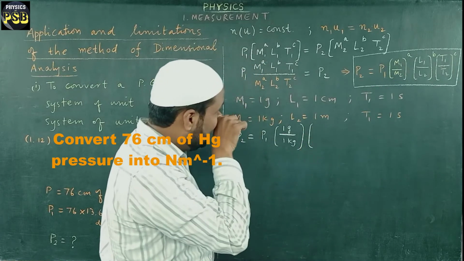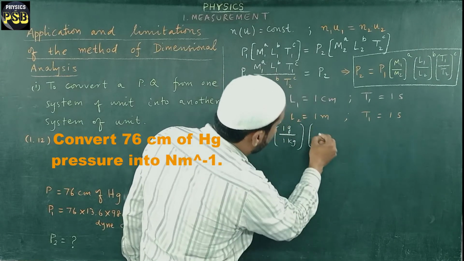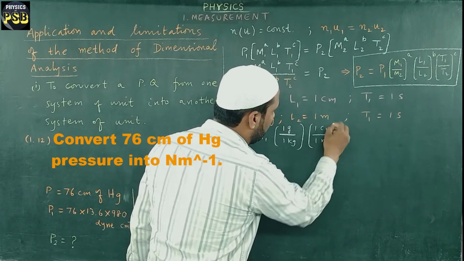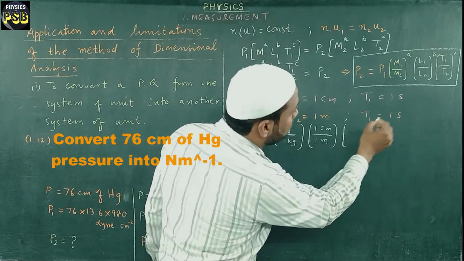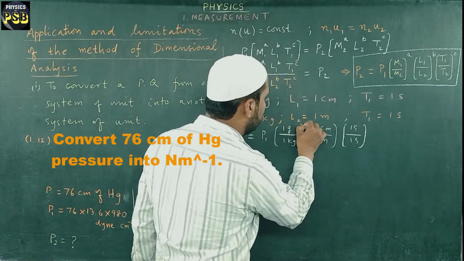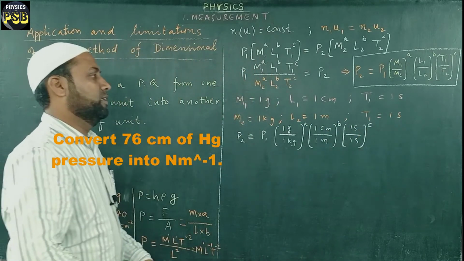Then I write the corresponding values in the respective places. For L1 you have 1 centimeter, for L2, 1 meter. Then 1 second divided by 1 second. Then the powers are A, B and C.